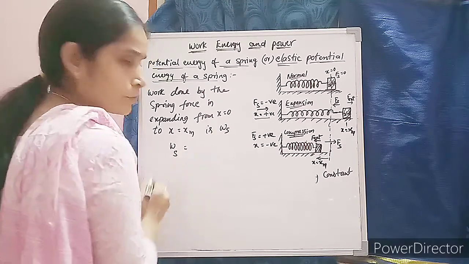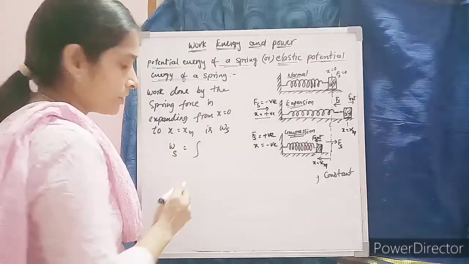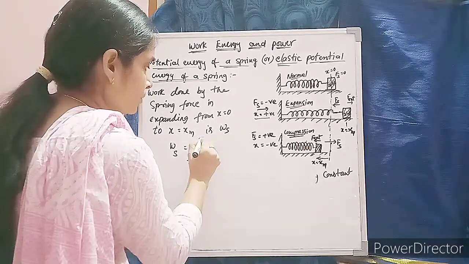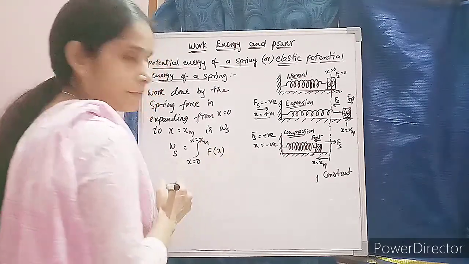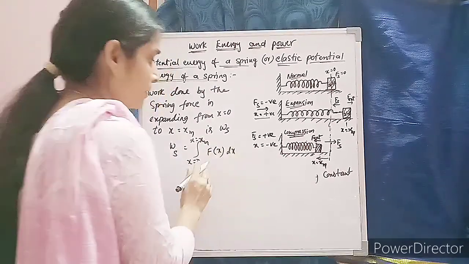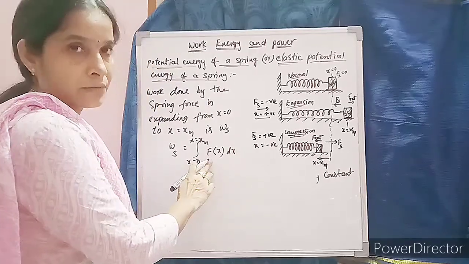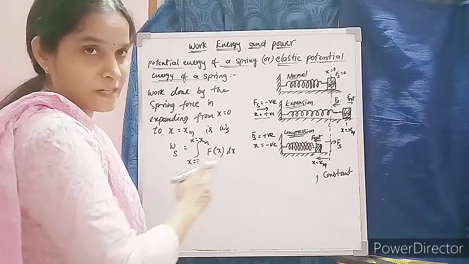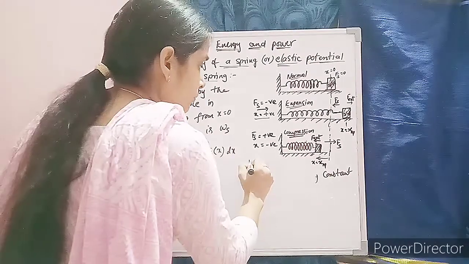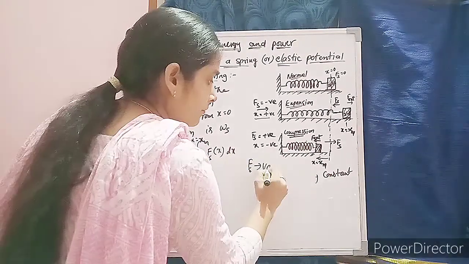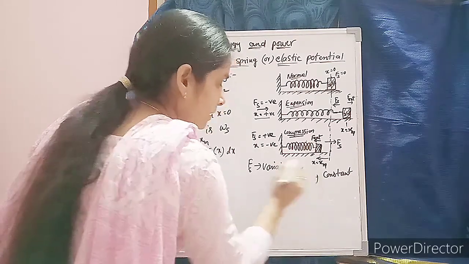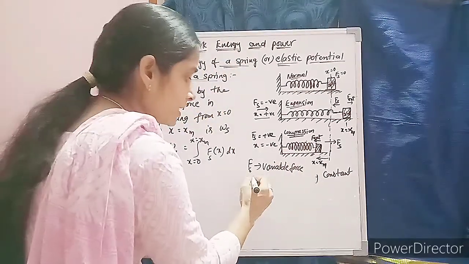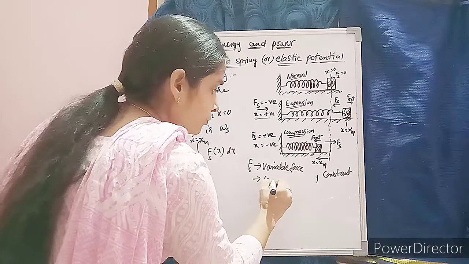Now Ws is equal to the integration from x equal to 0 to x equal to xm of F of x dx, because the force varies with displacement. So the spring force is a variable force, and the spring force is also an example of a conservative force.